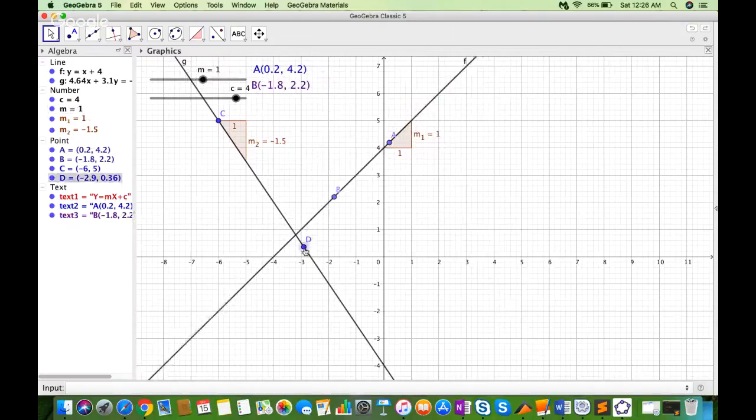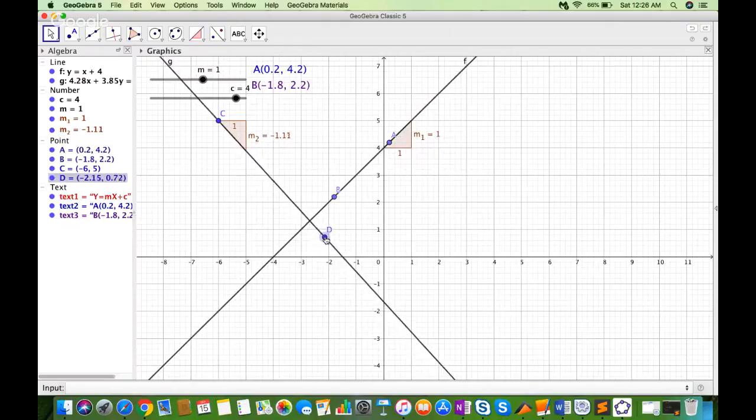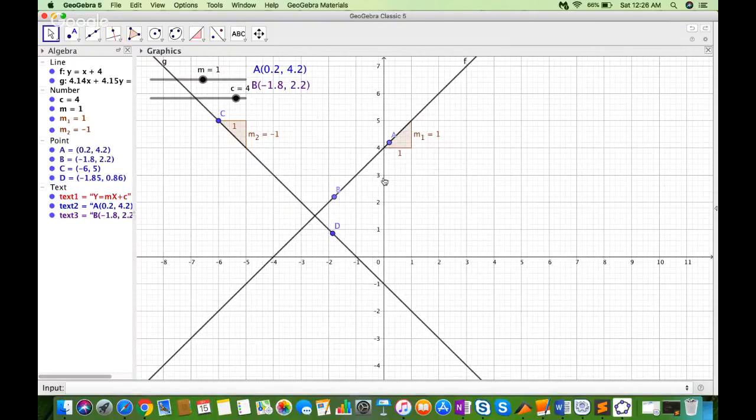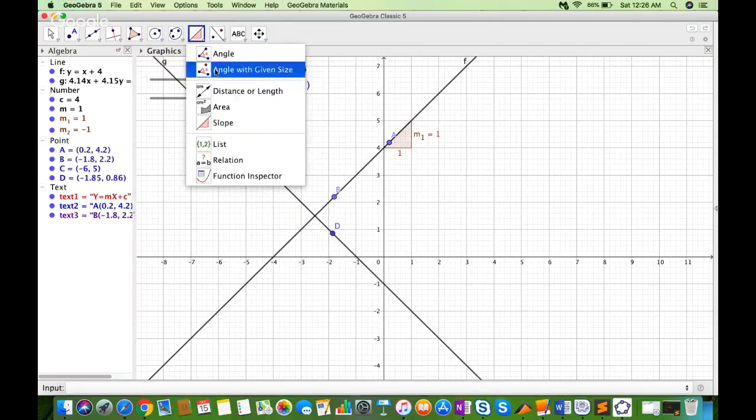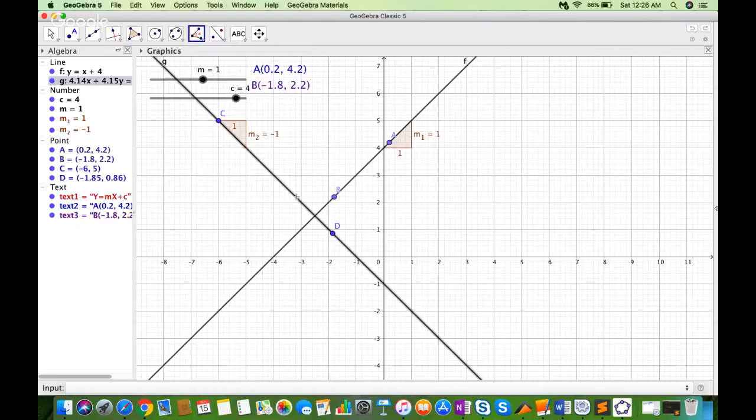Now let us make them perpendicular lines. Now these two lines are perpendicular. If you want, I'll tell you the angle between them. The angle between these two lines is 90 degrees.